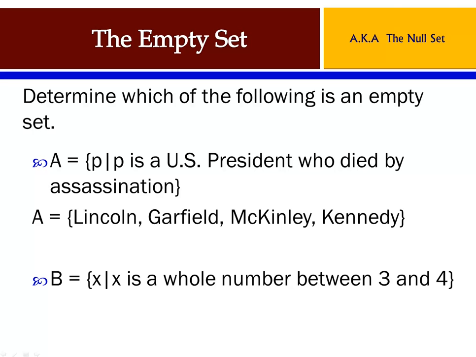Well, set A, unfortunately, does have members because there are 4 U.S. presidents who died by assassination. Those would be Lincoln, Garfield, McKinley, and Kennedy. And that, of course, is in the roster format. But when you get to set B and you try to find a whole number between 3 and 4, that's not possible to do. So that would be the empty set. So sometimes you have to examine a description to determine if it's an empty set or not.